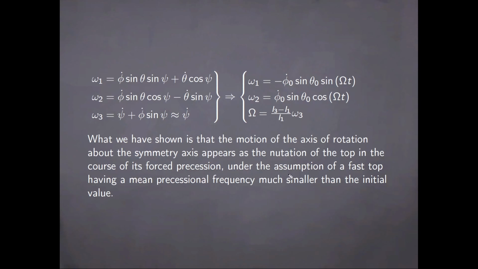And this holds under the assumption of a fast top having a mean precessional frequency much smaller than the initial value. So what you see is that both results are simultaneously valid, and this is quite relevant in the discussion of the dynamics of the Earth.